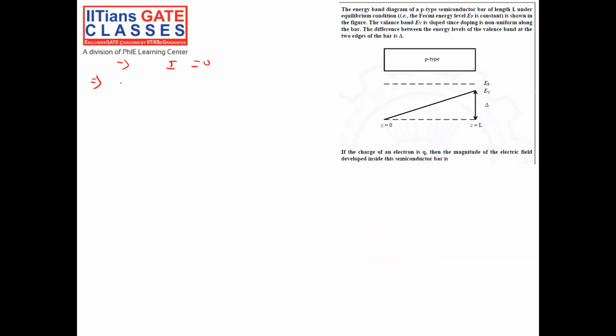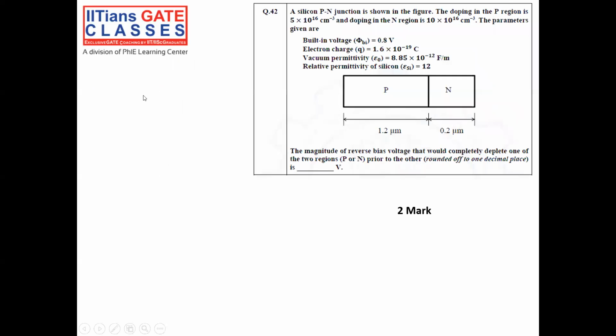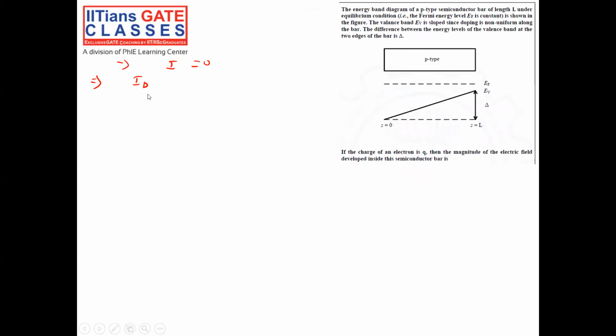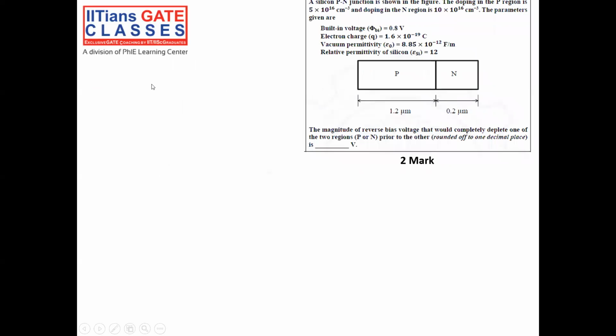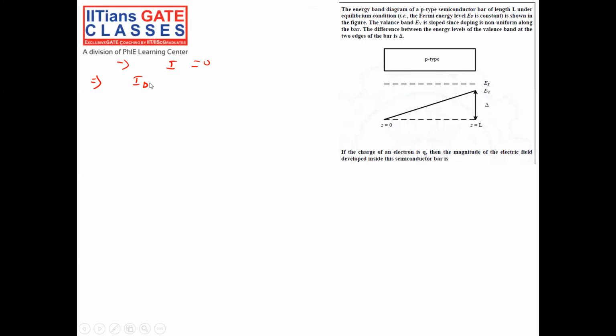Okay, nothing but the drift current, so I am writing: current due to drift plus current due to diffusion is equal to 0.